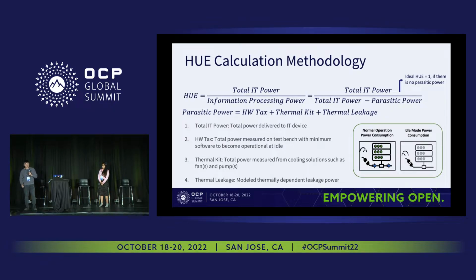It includes the hardware tax, which is the idle power when the hardware is just sitting at the data center with the minimum operating system and running some necessary software required by Meta. It also includes the thermal cost, which is the power consumed by cooling equipment like fans and pumps. We also have the thermal leakage power. We model this using some mathematical methods.